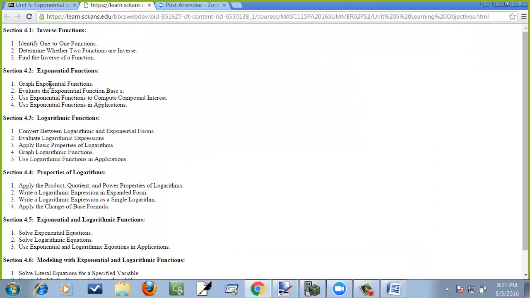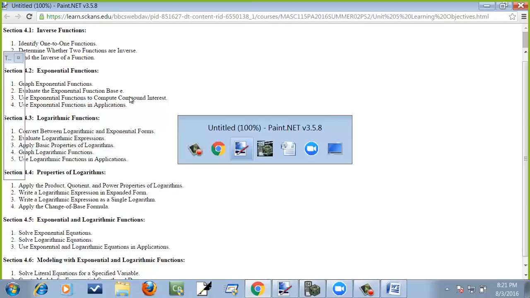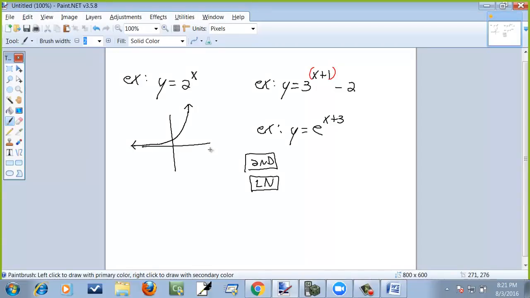Now that was graphing it. Now evaluating the exponential function base e, we've seen how to do that, specifically how to get to e.